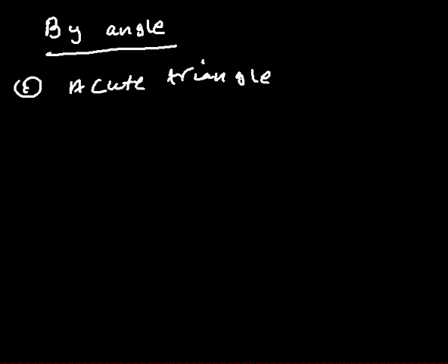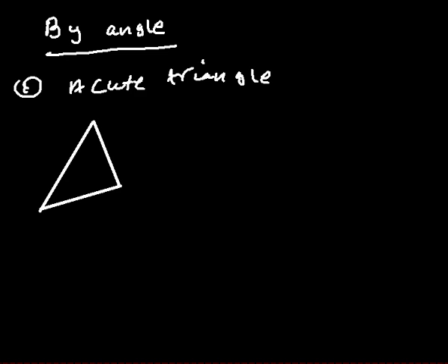So the acute triangle is the triangle in which none of its internal angles is 90 degrees or more. That is what we call an acute triangle.